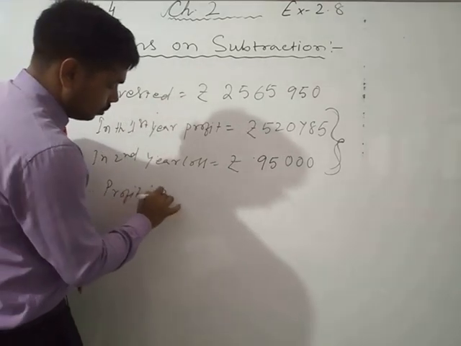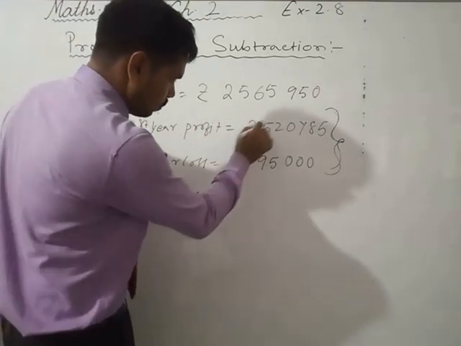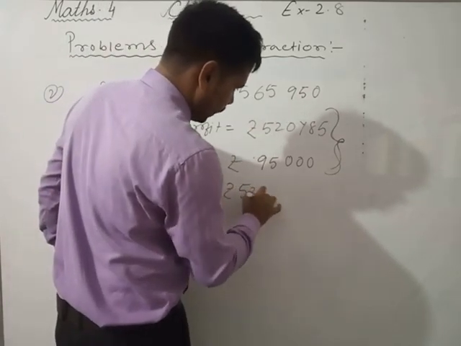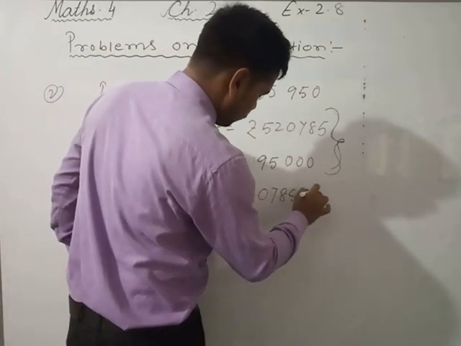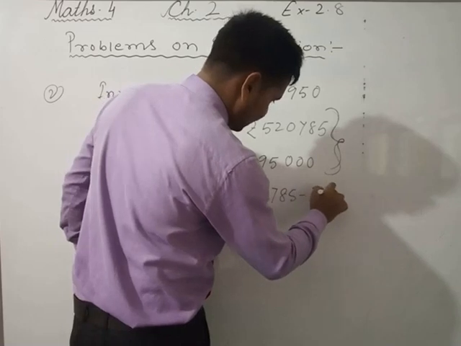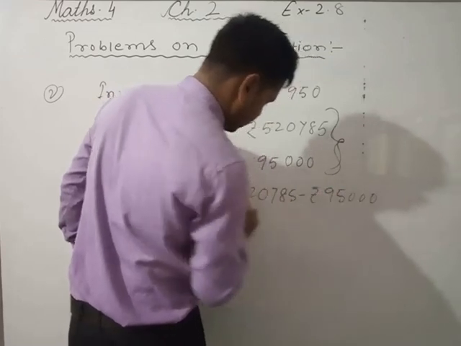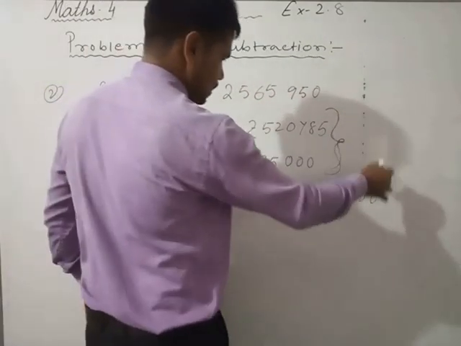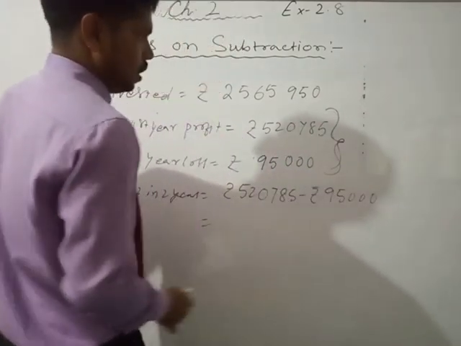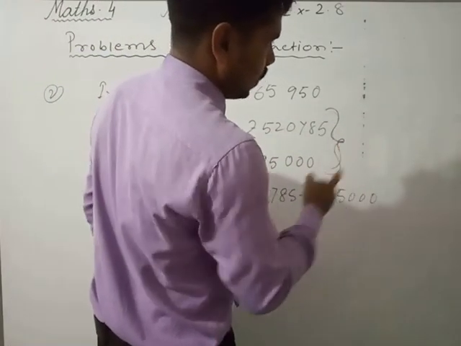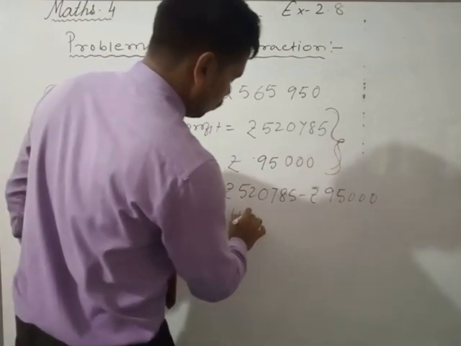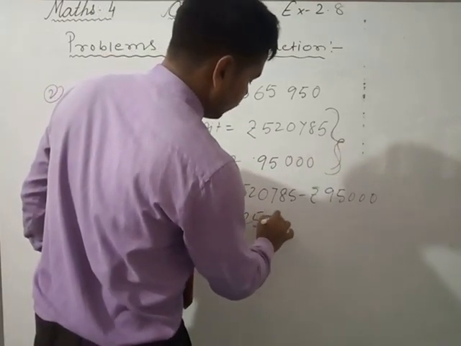Therefore profit in 2 years is equal to rupees 520785 minus rupees 95000. You subtract this, you will get 425785.